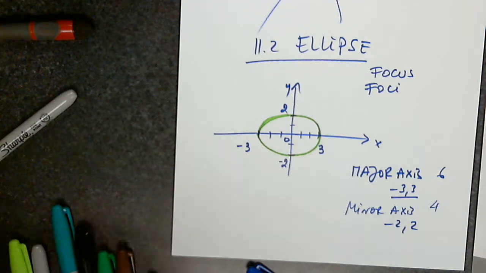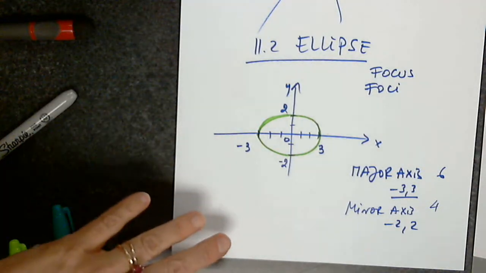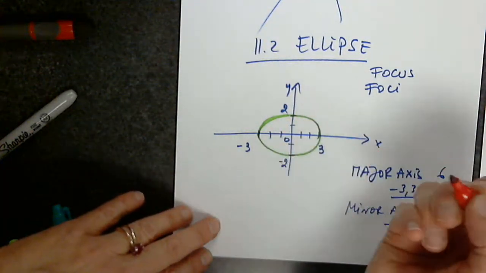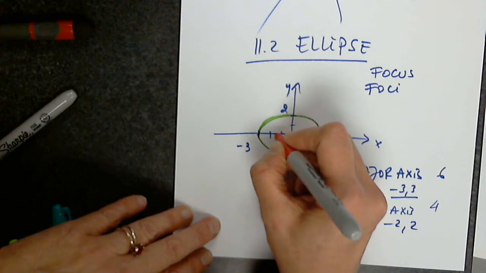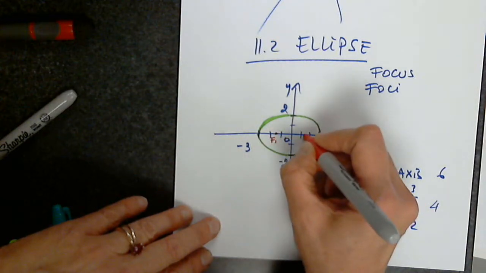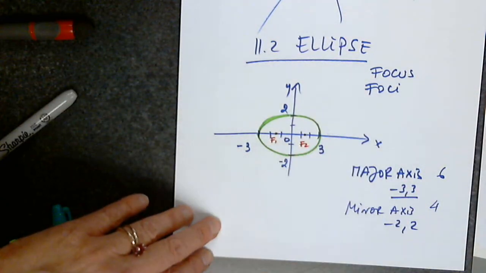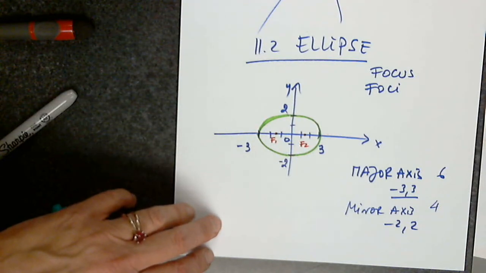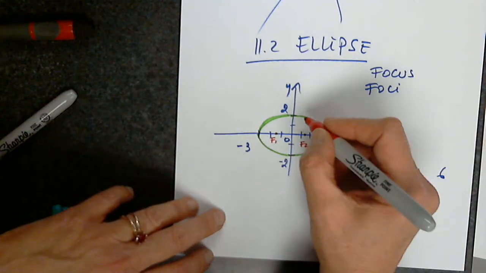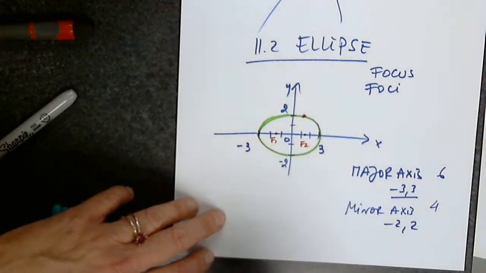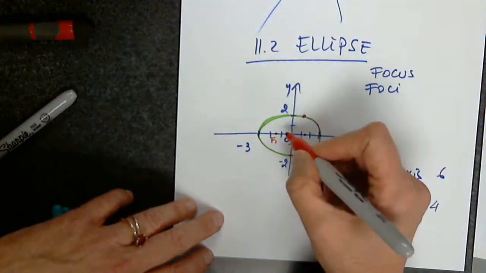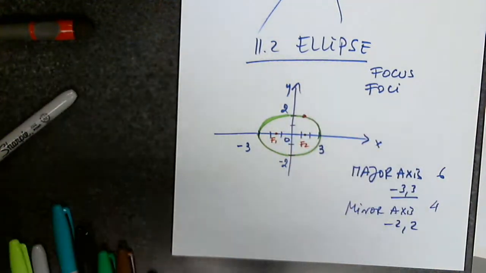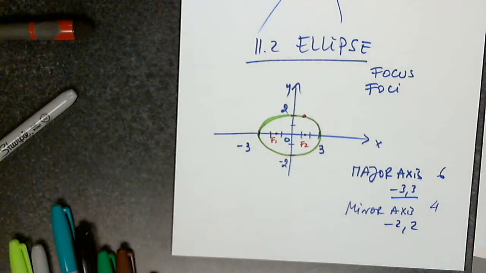I don't know exactly where the foci are, but let's say this is F1 and this is F2. Any point on the ellipse would have the same characteristic, like any point on the circle had the same characteristic.